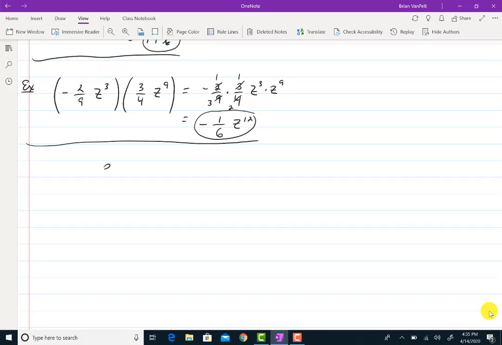And then recall the distributive property. That's the one that looks like this. If I have a number times a sum, so something like a times b plus c, then I can multiply the a through to both parts.